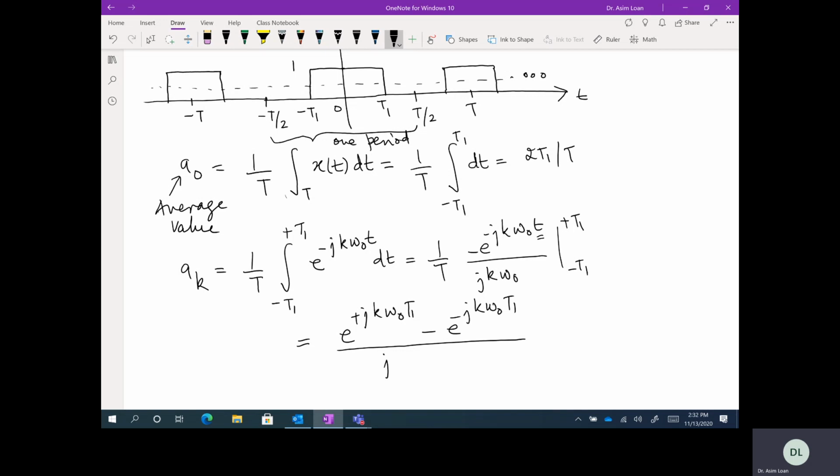So I'll put j here, and I'll put 1 over k omega naught T over here, and I multiply and divide by 2.